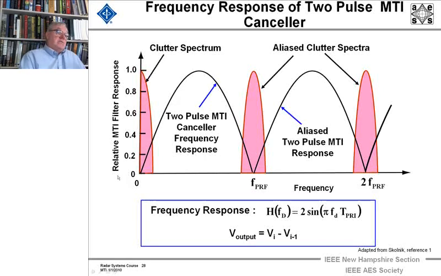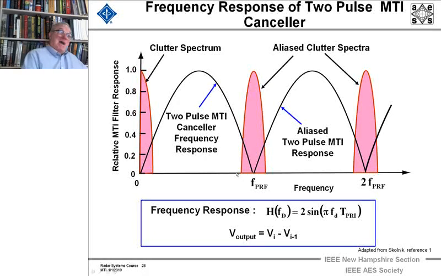So over to the other side, we've got targets that are going minus 10 knots with 100 knot blind speed will occur as a bump at 90 knots.